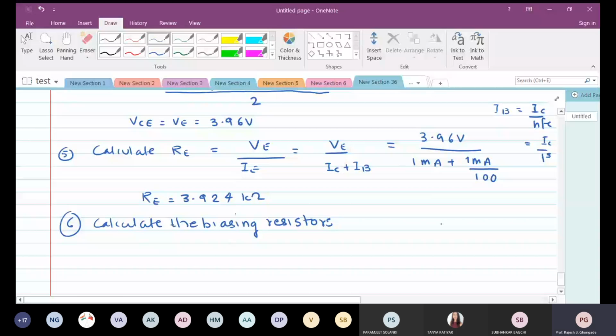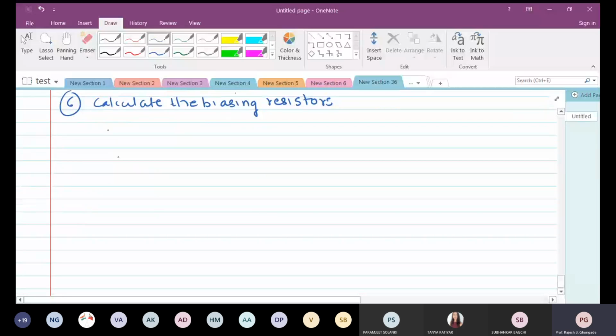Since stability factor is not given, what we will do is we will use the first method. All right. So select I2 as IC by 10. So what was your IC? The collector current which we have started our design with? 1 milliampere. So divide that by 10 to get 0.1 milliampere.